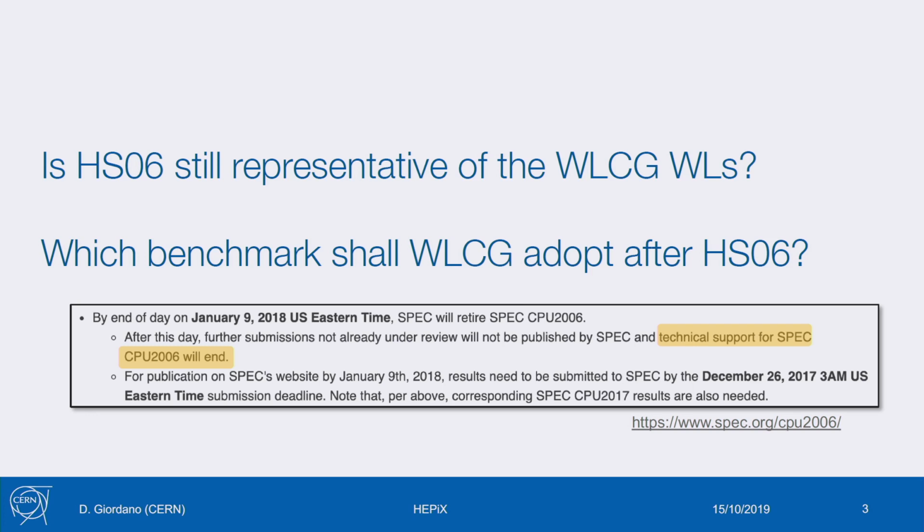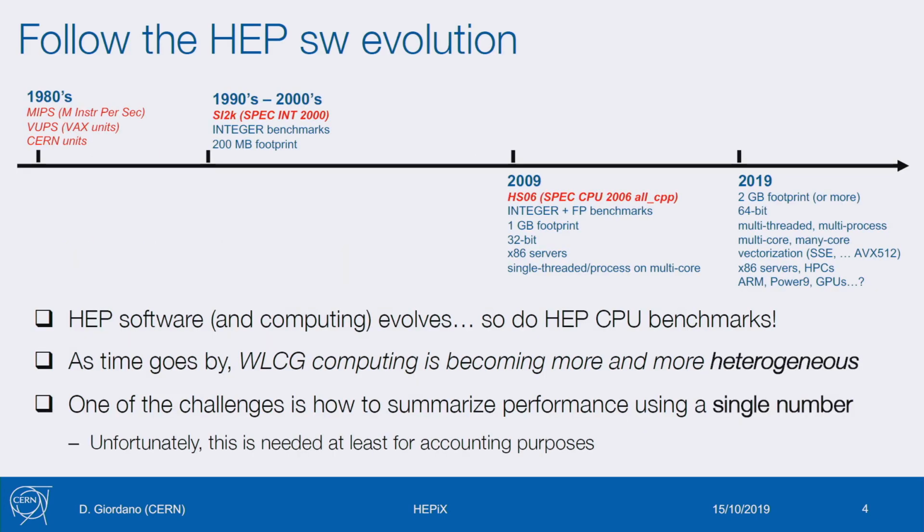Now, does it mean that we should move blindly or almost blindly to SPEC CPU 2017, or shall we ask ourselves other kinds of questions? I'm sketching here the different kinds of benchmarks that we were using in high energy physics in the past. In the late 80s, there were a number. Among them was the CERN unit, based on a mixture of simulation and reconstruction workloads from the experiments running in the 80s.